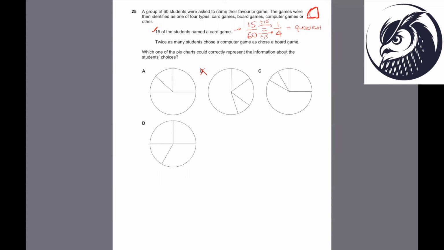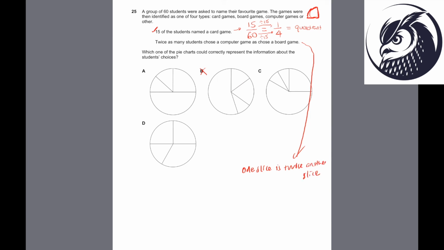So now between options A, C, and D, we need to look for a pie chart where one of the slices is twice as big as the other one. That's what we have learned from this one: one slice is twice another slice.